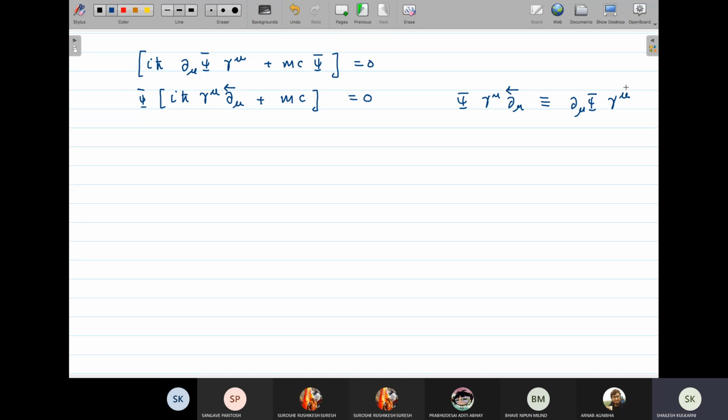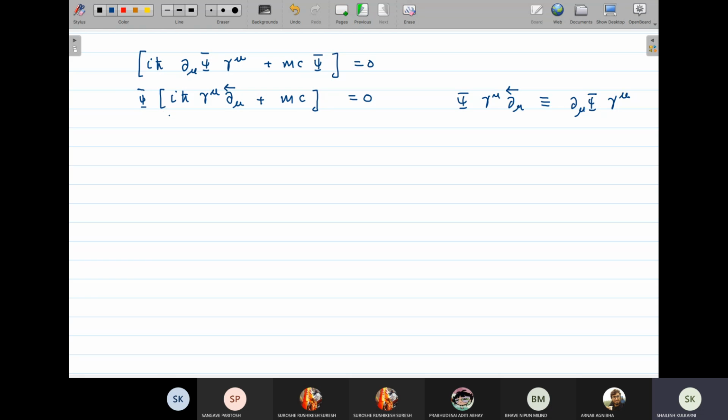Why am I doing this? Because I cannot take this ψ̄ through the gamma, so I cannot write this as an operator acting on ψ̄. If you want to write it as some operator acting on ψ̄, you have to write it in this way.